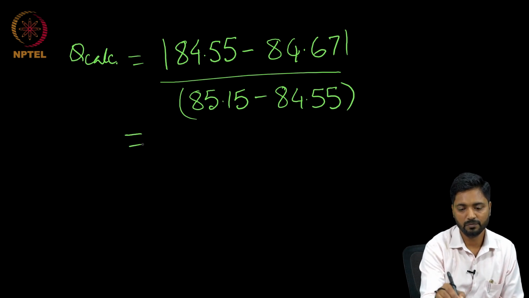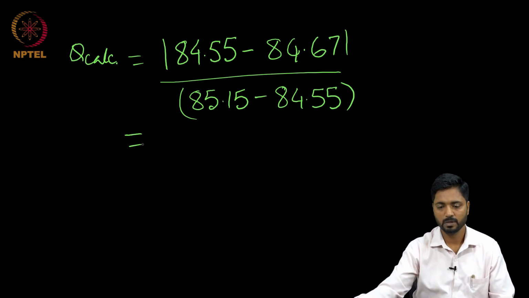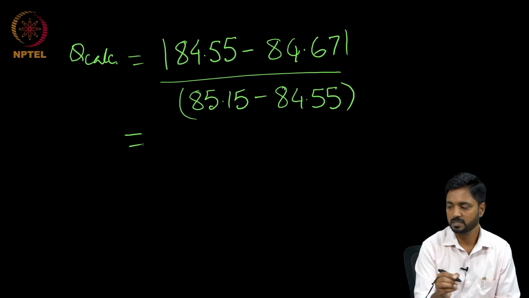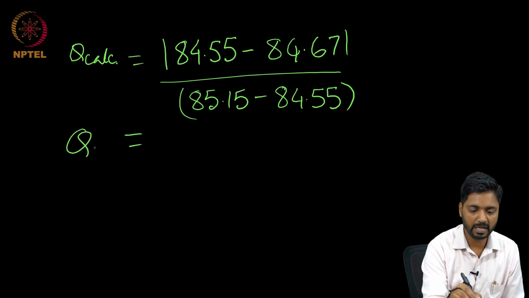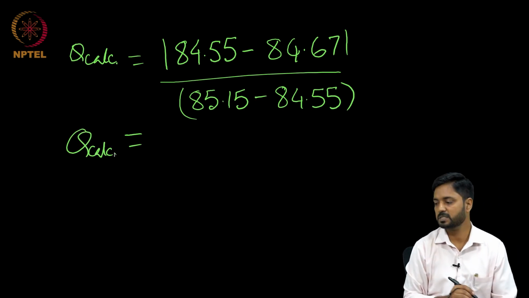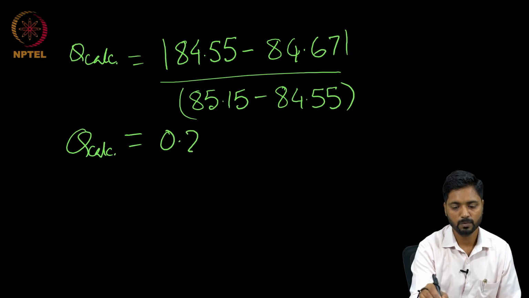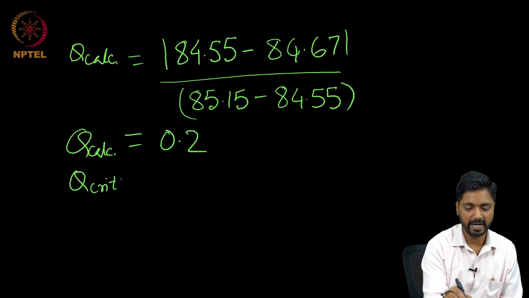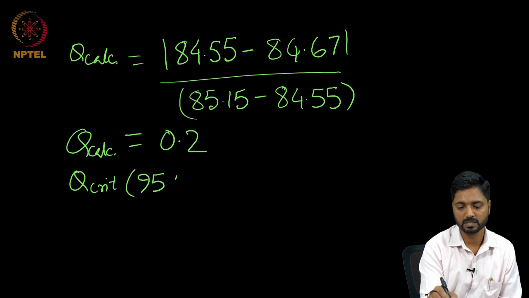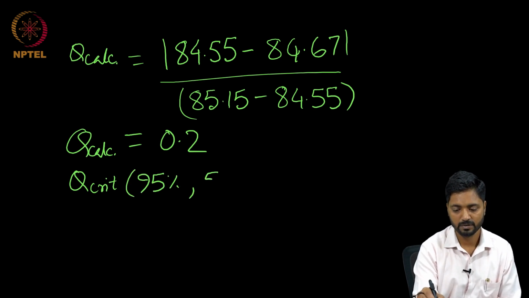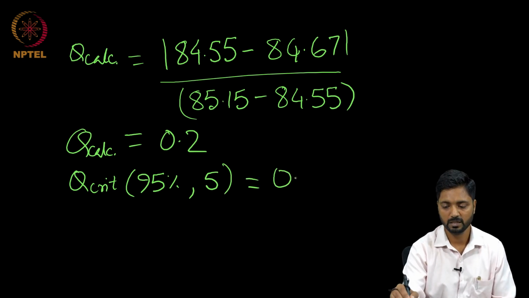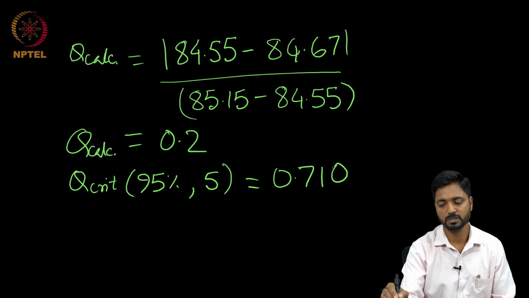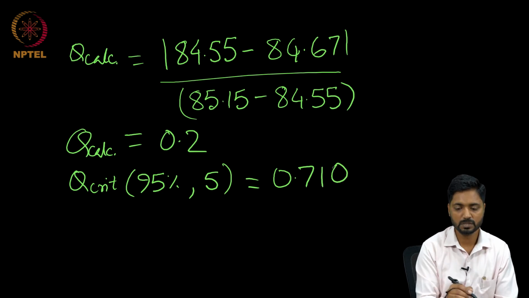Now, when we solve this up, what it comes out is that the Q calculated value in this case is only 0.2, while the Q critical at 95% confidence level and 5 readings is still 0.710.